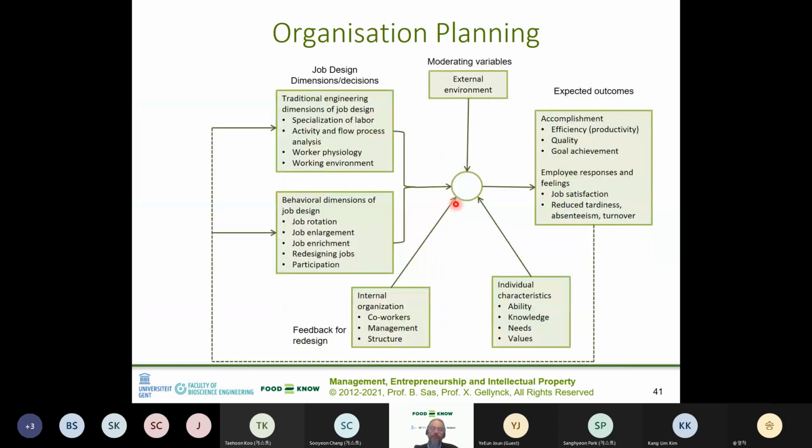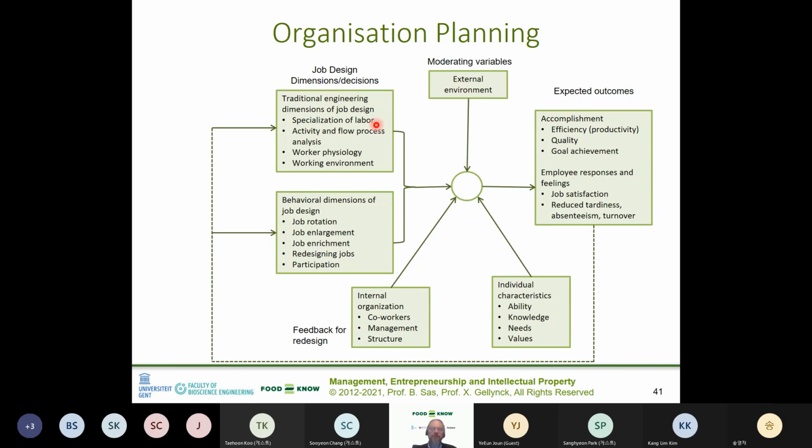For organizational planning, so looking at the workers, there are many aspects, so it's becoming a real HR endeavor. You can look at job rotations, job designs. Also, you have the external environment looking at legislation on safety, but also the unions.